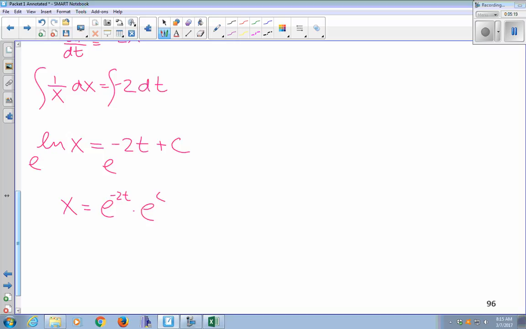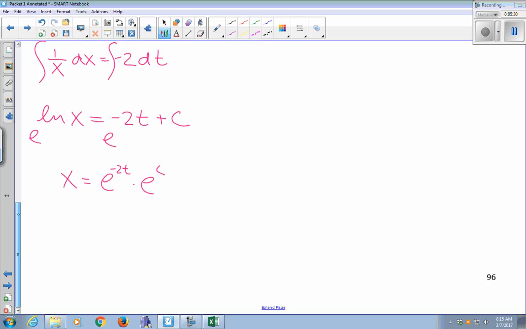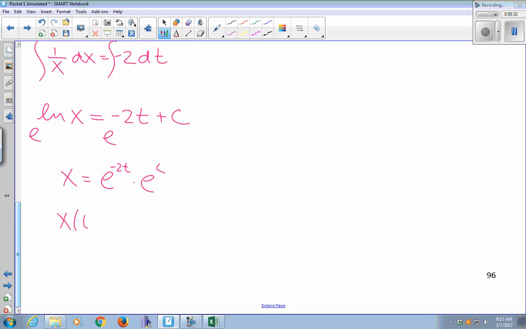This is that little trick about exponents, because when you're multiplying like bases, you would add the exponents. So I'm sort of doing the reverse of the rule, the way we normally use that rule. And so this finally becomes x of t. e to the c is just another arbitrary constant. We'll call it k. k e to the negative 2t.